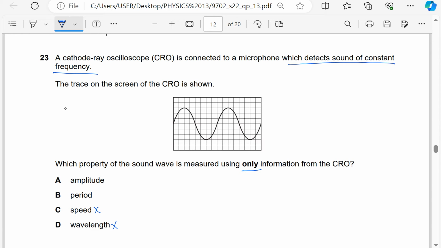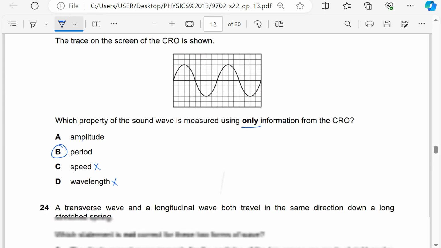Of course, which property of the sound wave is measured using only information from the CRO? Because the sound has a constant frequency, we can tell the period from the trace. Only the period. We cannot really tell the amplitude.